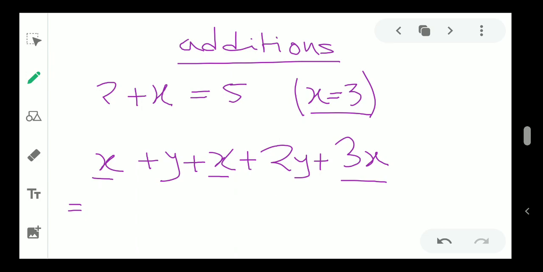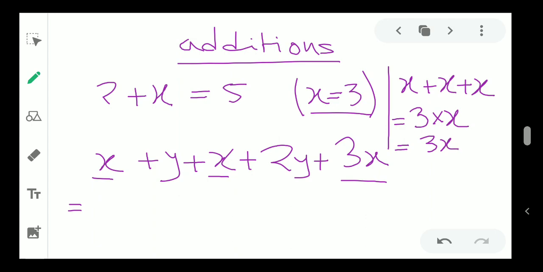Coming to the basic part, 1x plus another x plus another x, we can write in a simple manner as 3 into x because we are adding 3 x's. The shortcut is multiplication, and we write this as 3x. We don't write the multiplication symbol. If we write 3x, that means it is the addition of 3 x's.